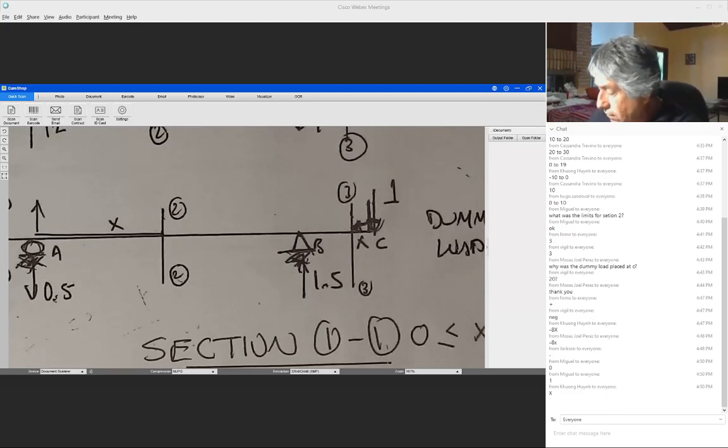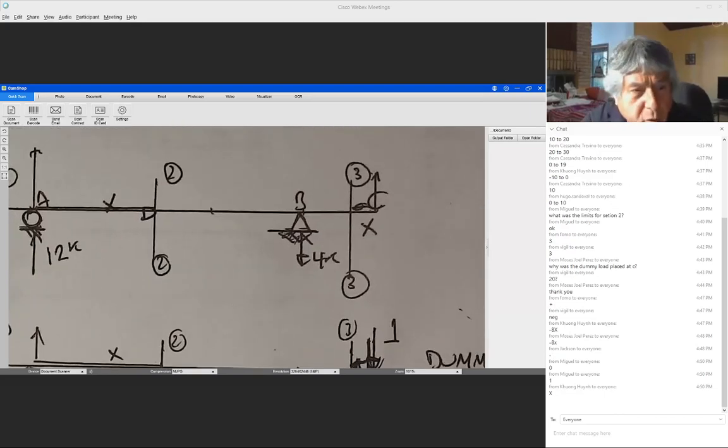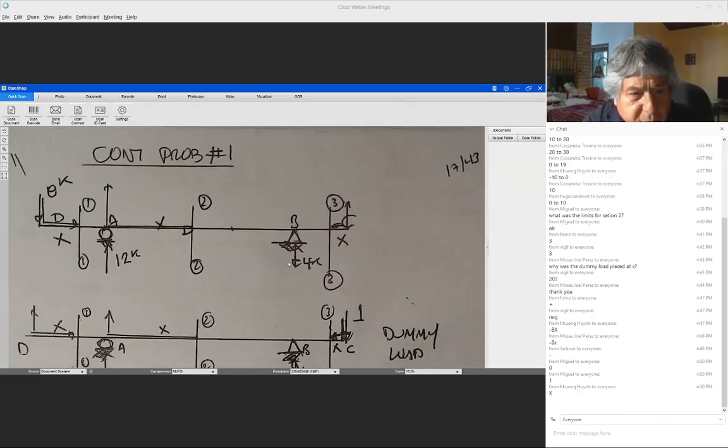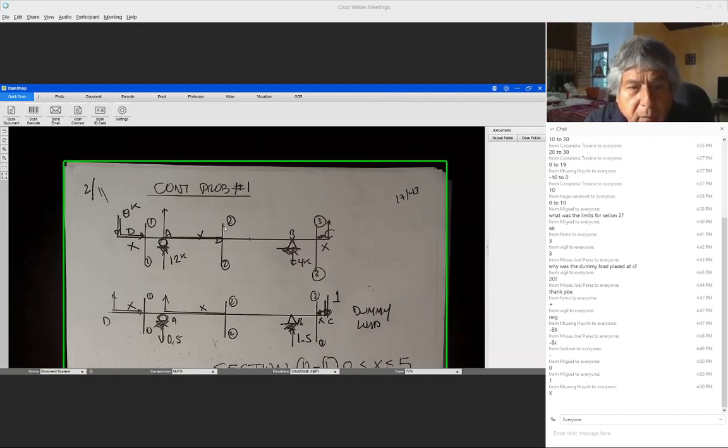So the only section that I have to use, the only really section that I have to use for this problem is section 2.2. Because there is a moment due to the given load, there is a moment due to the dummy load. So this section is gone because 0 times AX.